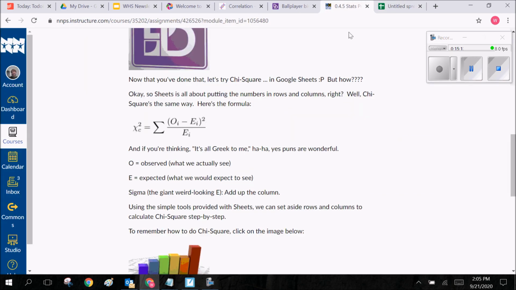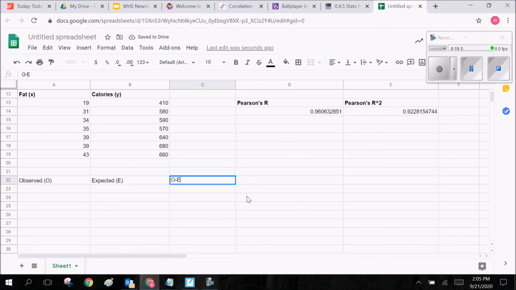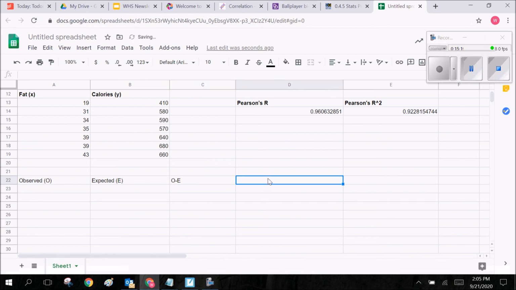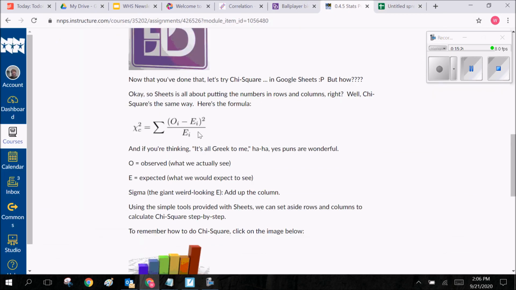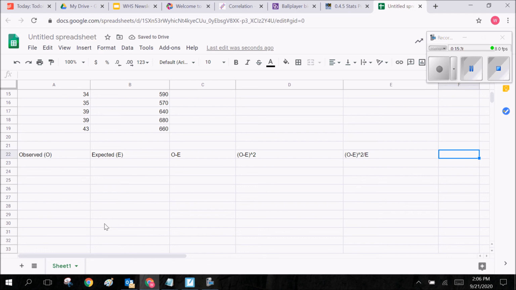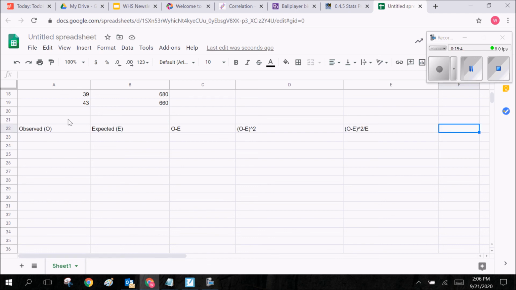So we have observed minus expected, O minus E, and then observed minus expected squared, O minus E squared, and then O minus E squared over E, right? Then we're going to have the sum of all that at the end, which I'll probably put down here. So here are all the different columns that we need to follow.